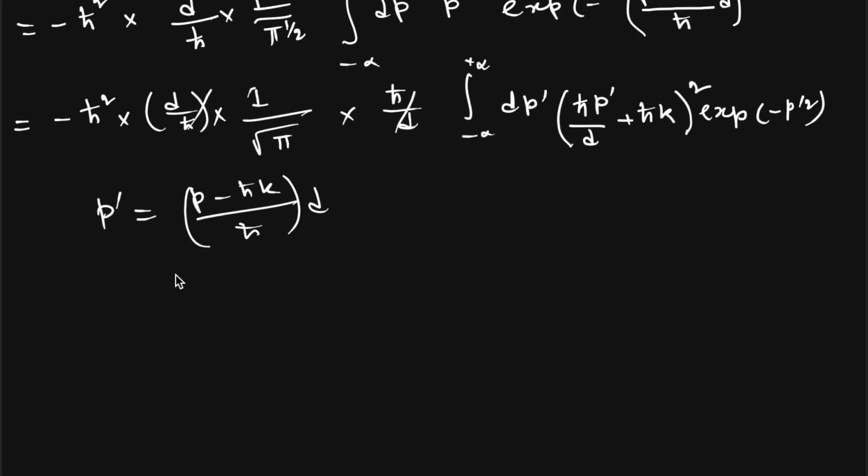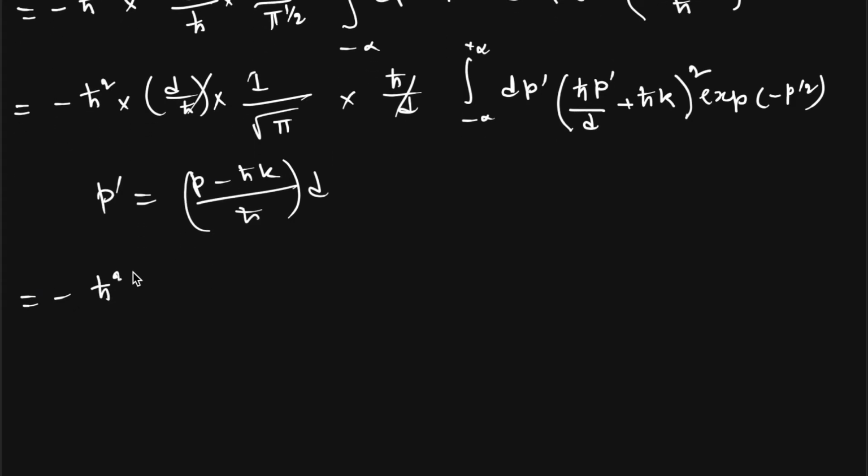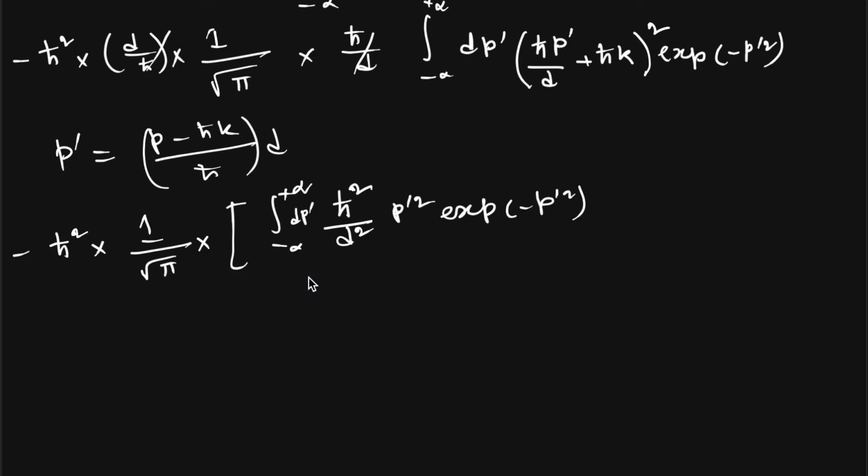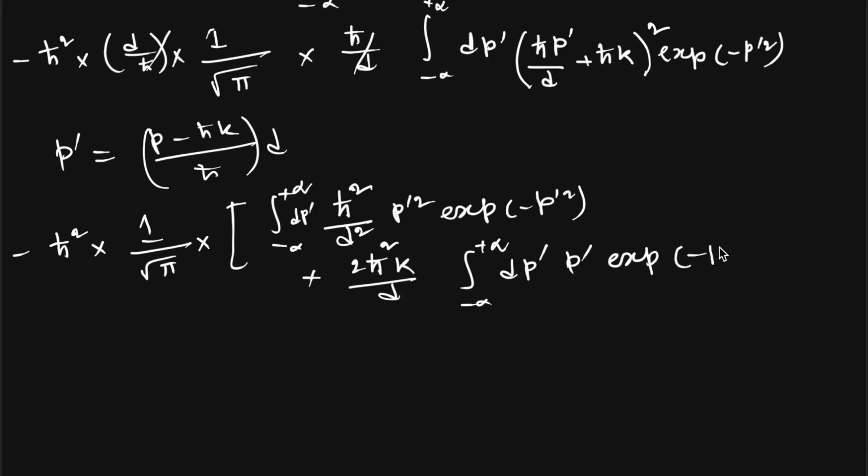This will cancel, that is minus h cut square into 1 by root pi into the integral from minus infinity to plus infinity of h cut square by t square p prime square exponential minus p prime square, plus 2 h cut square k by t integral of p prime exponential minus p prime square.